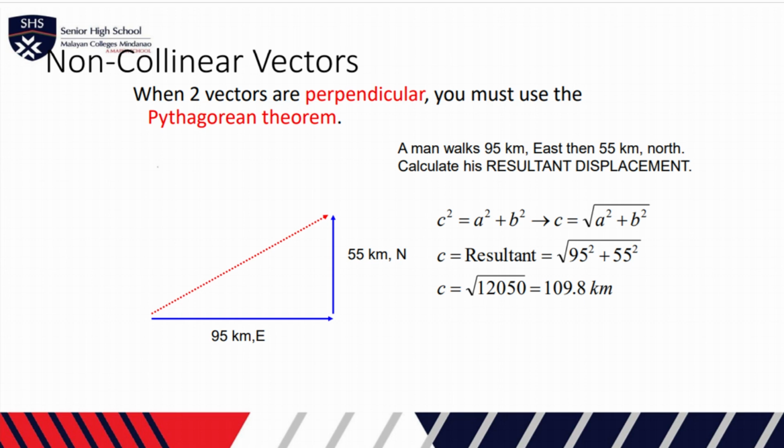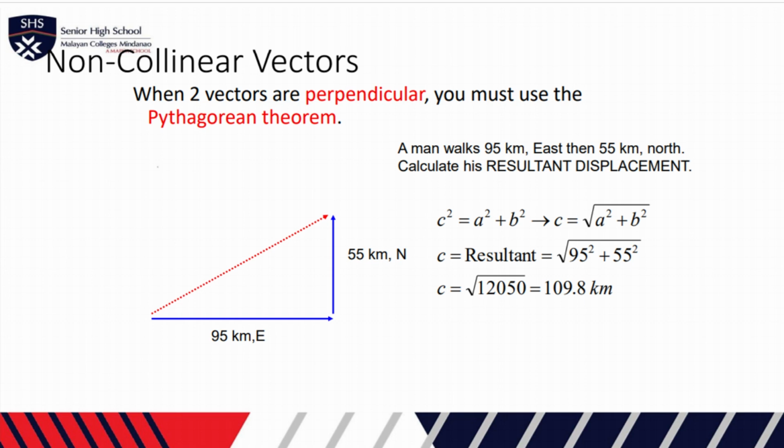So if we solve this, we have here the resultant, and we need to substitute the values. The resultant is equal to the square root of a squared, and we substitute the value of the adjacent, which is expressed in the formula as a squared. So the value of the adjacent here is 95. So we have 95 squared plus the value of the opposite, which is 55, so 55 squared.